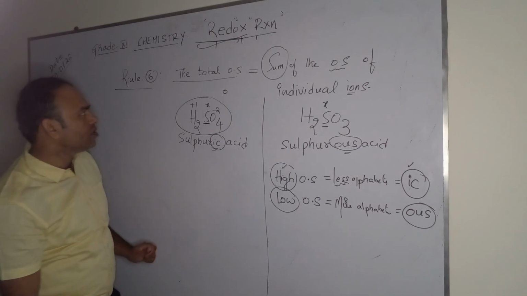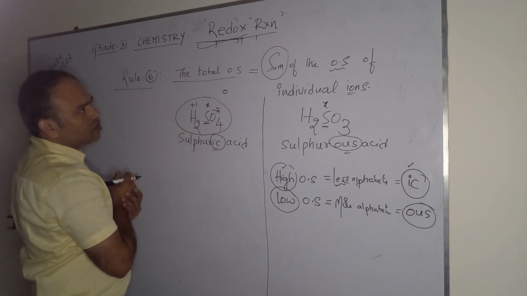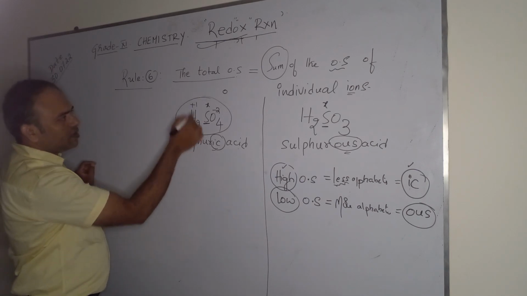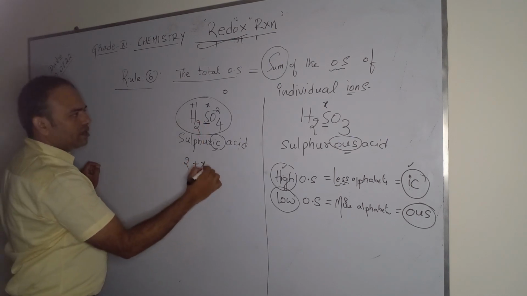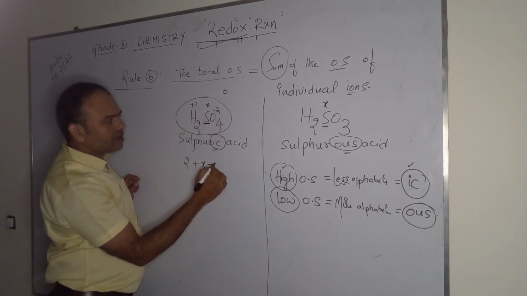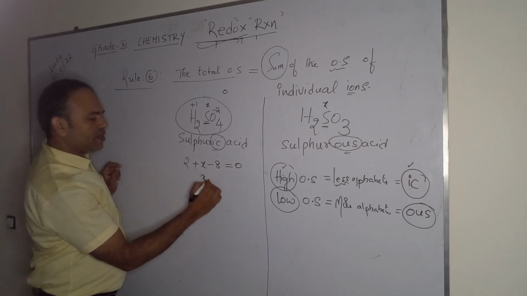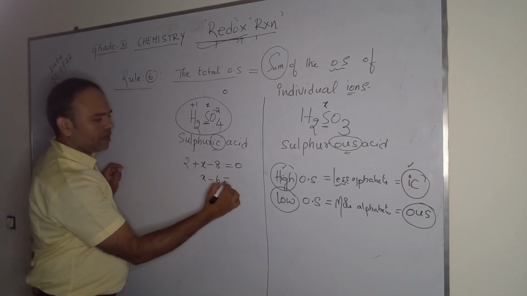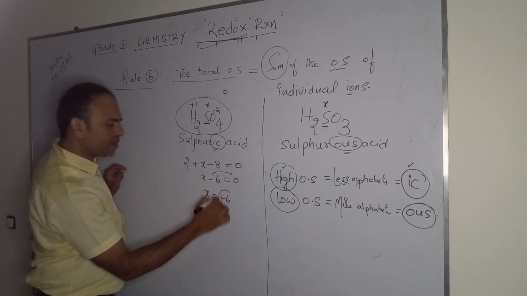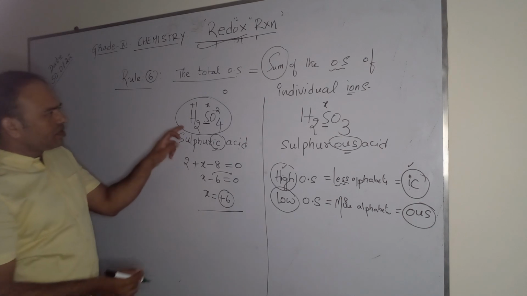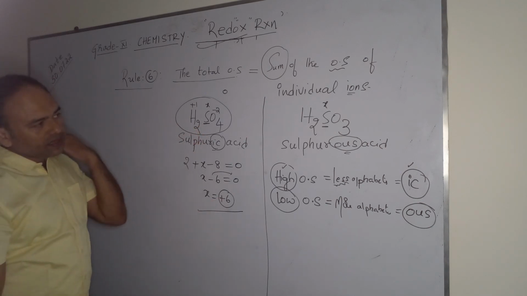Let us see: 2 into plus 1 is 2, plus X, and 4 into minus 2 is minus 8, equal to 0. So X minus 6 is 0. Send minus 6 to the other side, it will become plus 6. So in H2SO4, the oxidation state of sulfur is equal to plus 6.